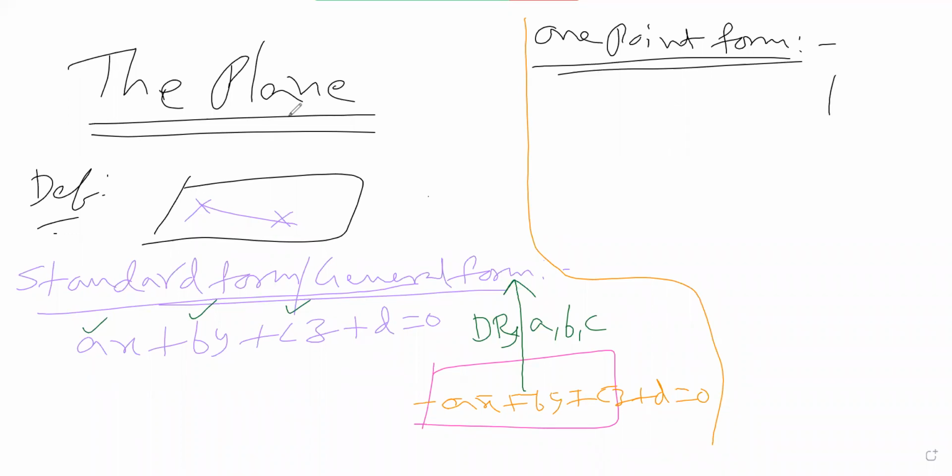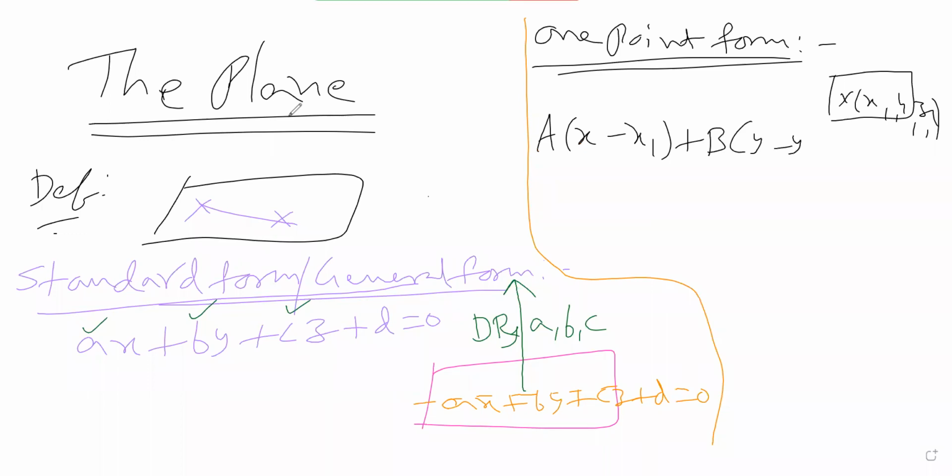When we are given a plane, and in that we are given only 1 point, some 1 point given as (x1, y1, z1), then the equation of the plane passing through the point (x1, y1, z1) is A(x - x1) + B(y - y1) + C(z - z1) = 0.